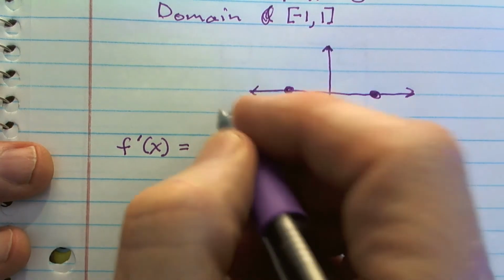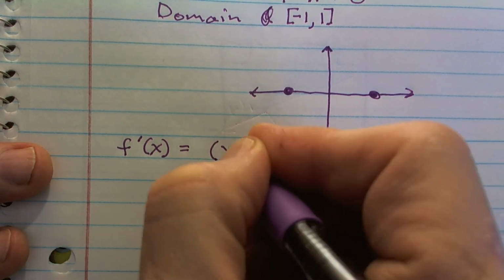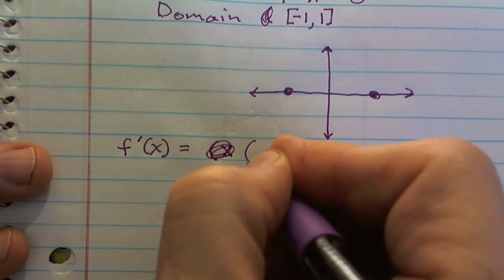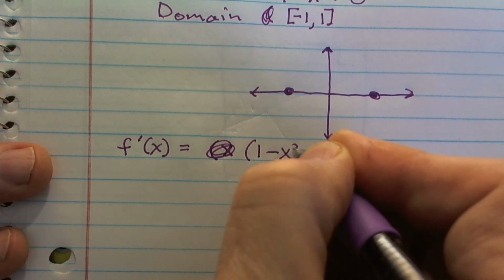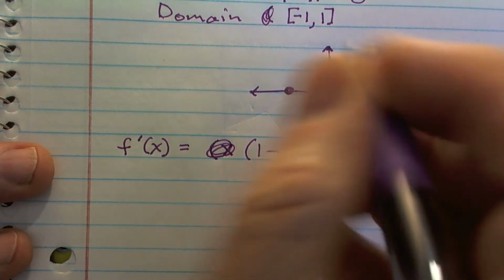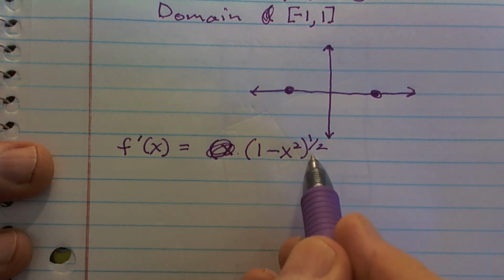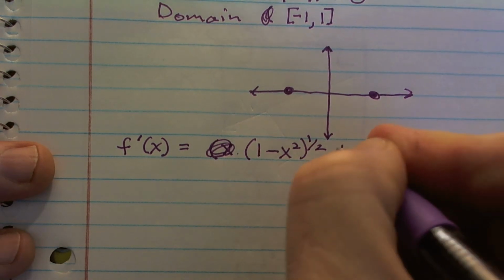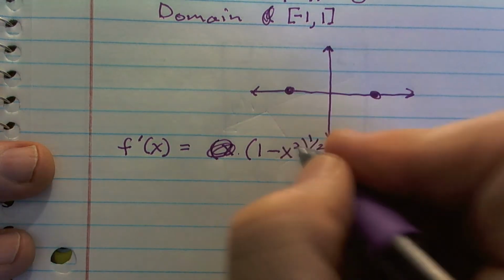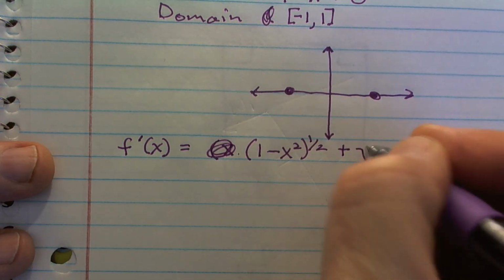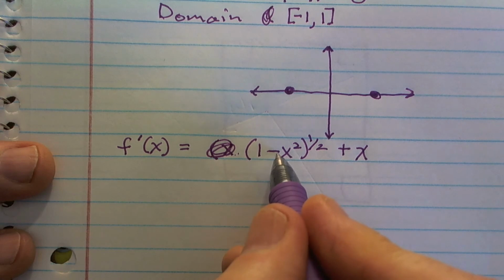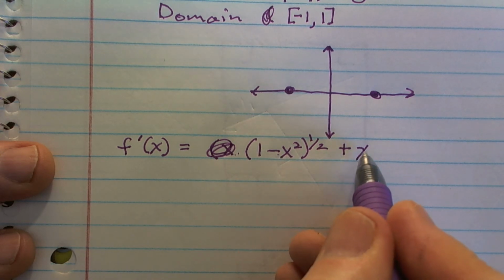So I've got the derivative of the first times the second. So this is going to be 1 minus x squared to the 1/2. Okay, so that's the derivative of x, which is 1 times 1 minus x squared to the 1/2, plus the derivative of the square root there. So I've got the derivative of the first times the second, plus the derivative of the second times the first.